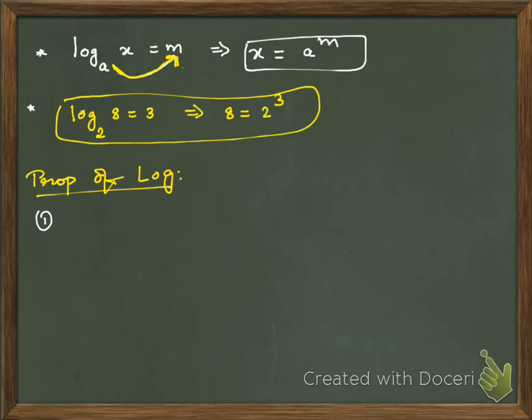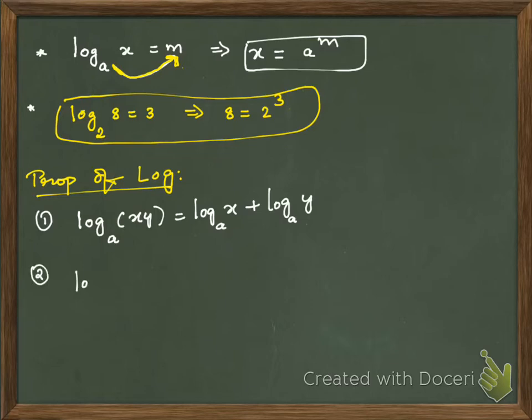So what are the properties that you have here? We will observe carefully. First property: log of xy to the base a is equal to log x to the base a plus log y to the base a. Next, the second property is log of x by y, it is not xy, it is x by y.